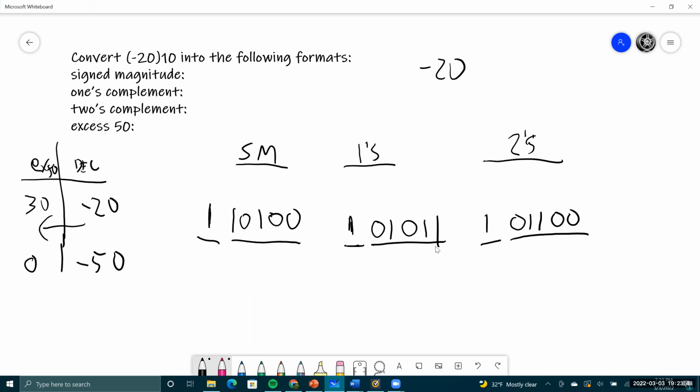And then I'm not done, because 30 needs to be converted to binary. So binary for 30 would be 1, 1, 1, 1, 0, using 1, 2, 4, 8, 16. Oh, hold on, I put one extra one here. There you go. So that's 30 in binary. Okay. Any questions on integers?